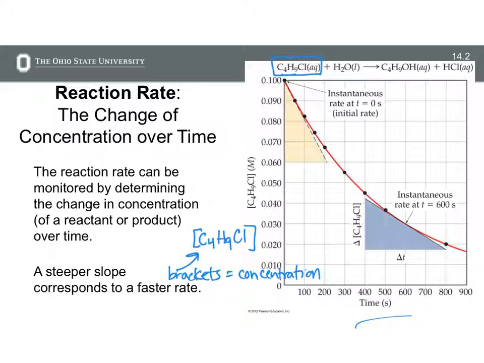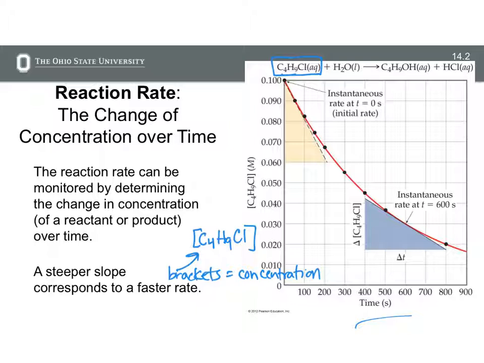On the x-axis, we have time. And what we're going to see happen is if we monitor the concentration of C4H9Cl over time, we are going to see the concentration decrease as the reaction proceeds.